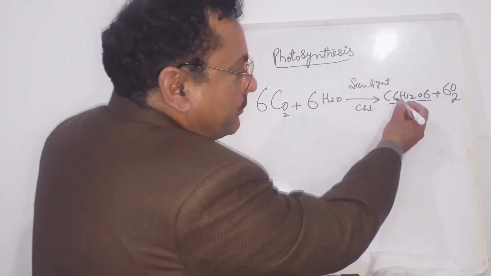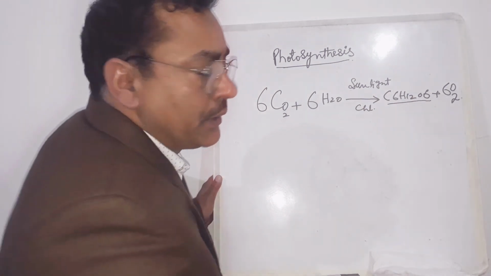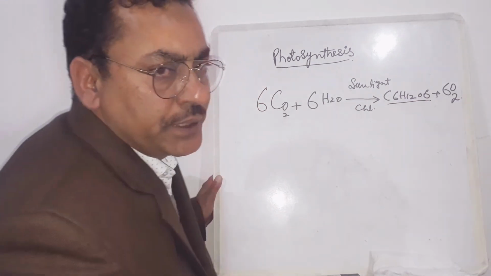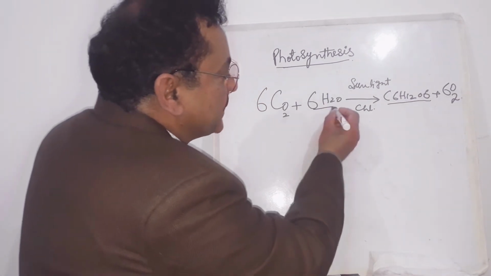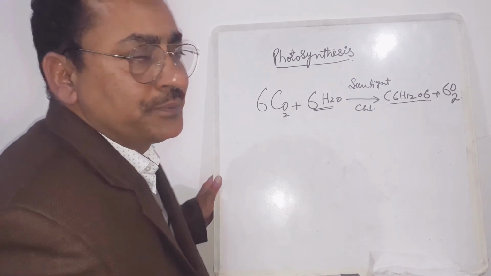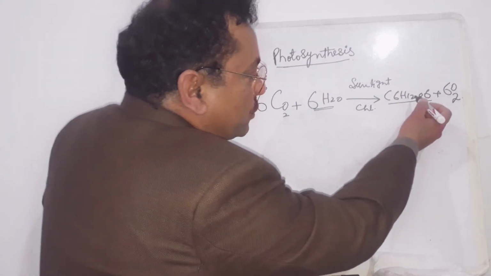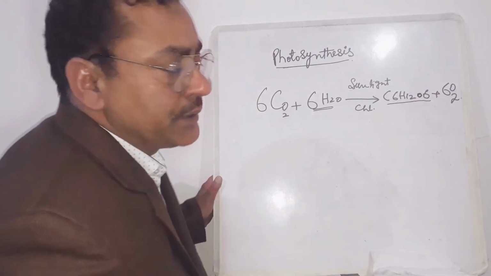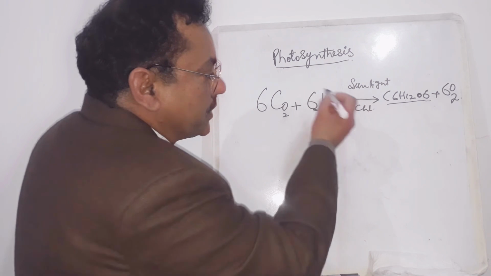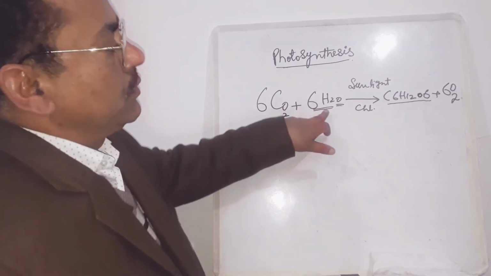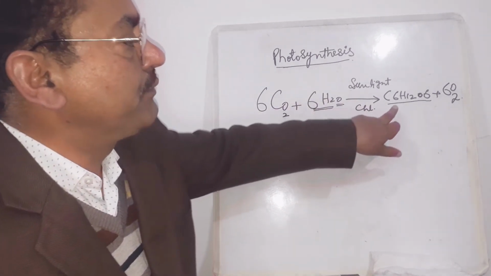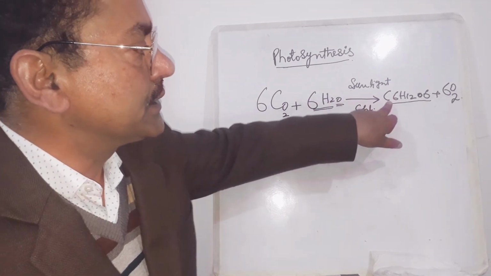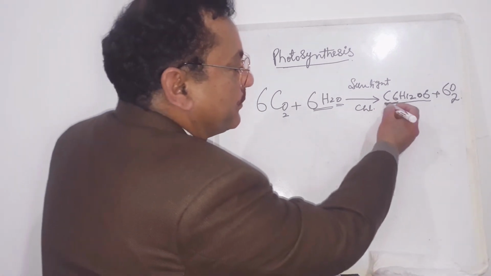You know that for manufacturing glucose, we require 12 atoms of hydrogen, which are present in water, 6 times H2. And also we require 6 atoms of oxygen, they are also present in water. So what we require further in order to manufacture a glucose molecule is this C6.